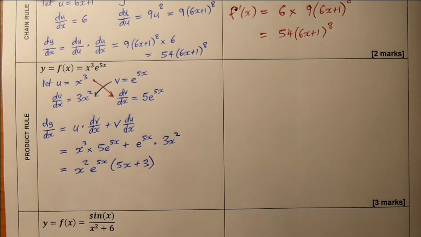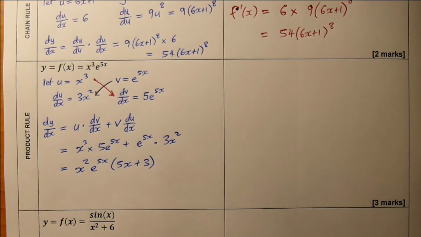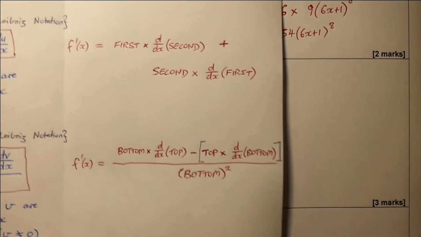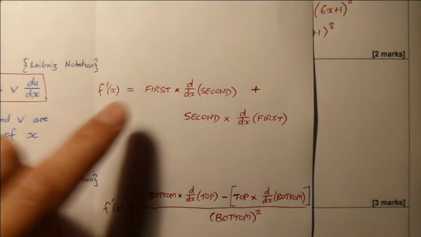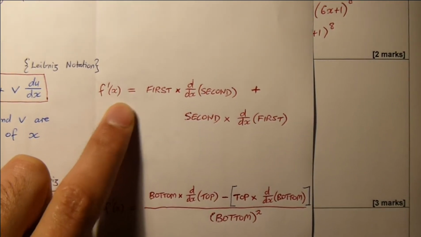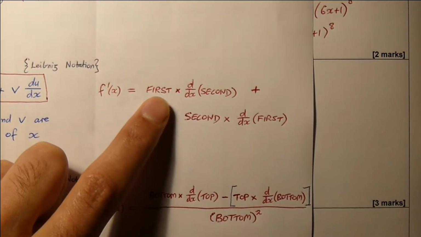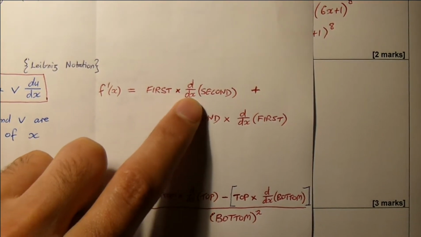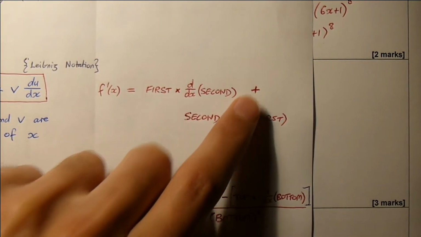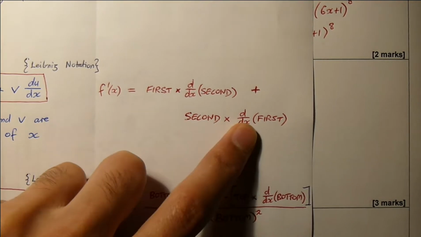Now again, if I just come over here and look at this quicker or more advanced way, for my product rule, I'm basically saying the derivative is the first function times the derivative of the second, plus the second function times the derivative of the first.